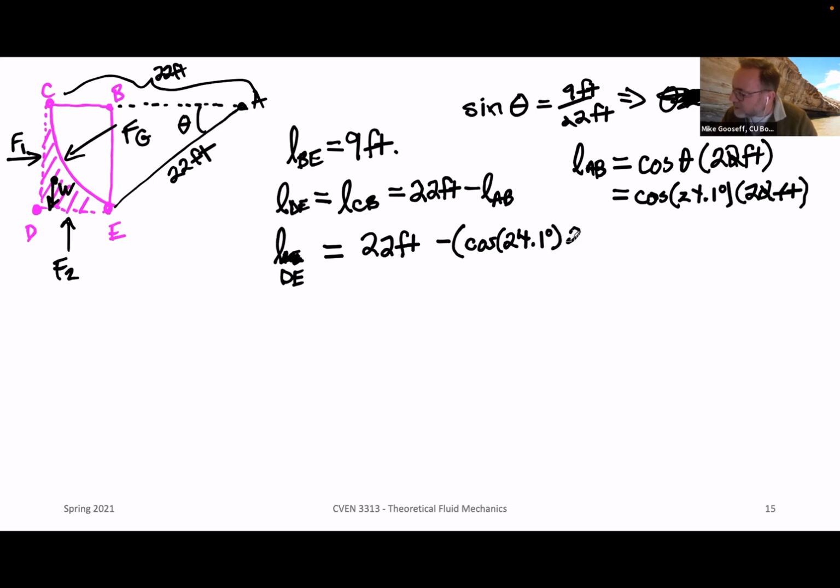And we end up with 1.93 feet. Okay, so we've got that length now.